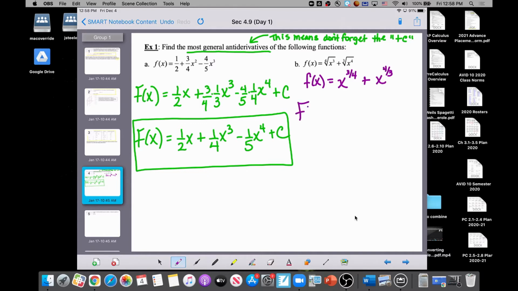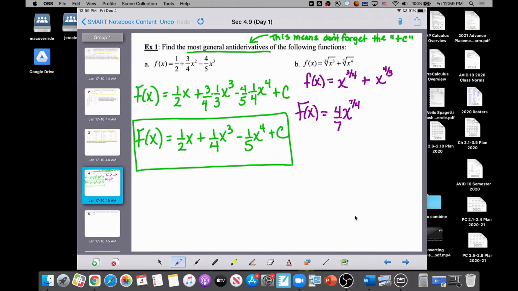So now capital F. If I'm adding 1 to 3/4, then I'm adding 4/4 to 3/4. 4/4 plus 3/4 would make this term x to the 7/4. But again, I have to undo that by multiplying by the reciprocal of my exponent, so I have to put a 4/7 in front of my term.